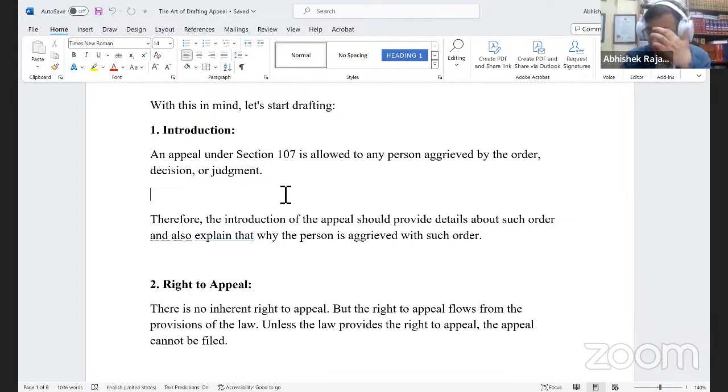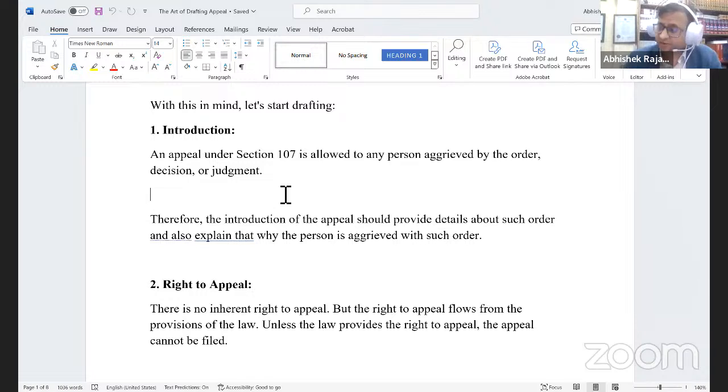So the law says that personal hearing is mandatory whenever a negative order has to be passed. That has to be provided. But was it provided in the correct way? So this becomes a technical question.